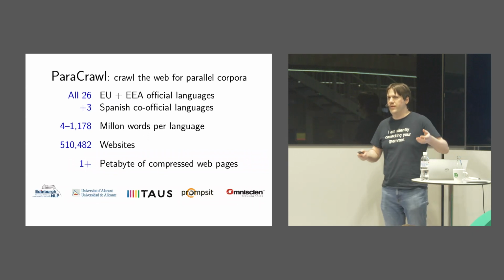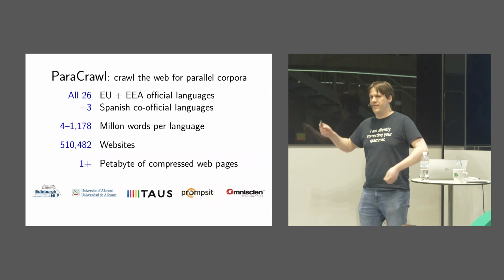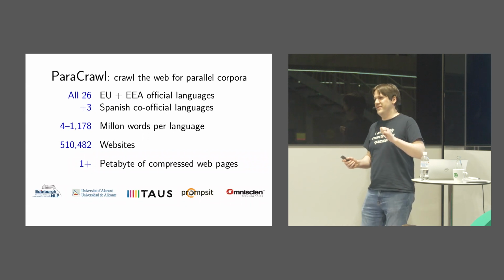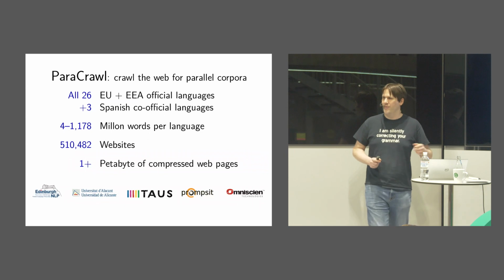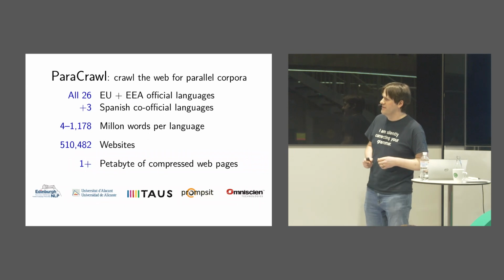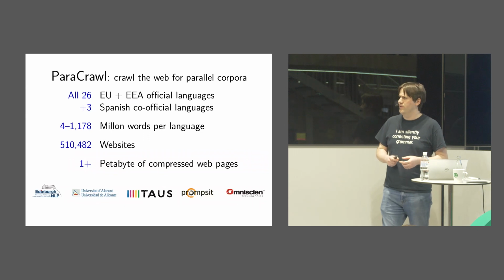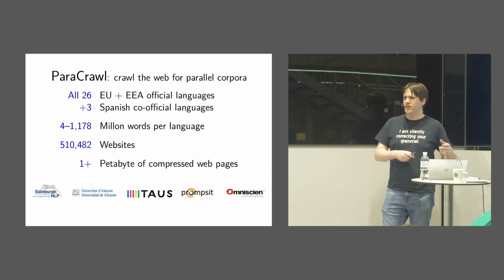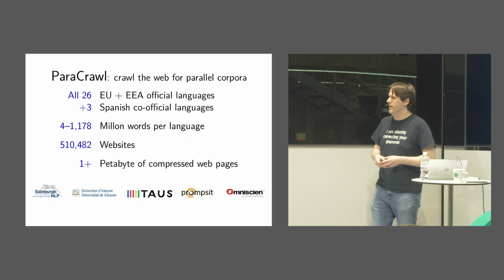These are formally what's part of the Connecting Europe Facility, which is slightly different from Horizon 2020 with the subtle distinction that Ukraine is not part of the Connecting Europe Facility, so that's why we're not funded to do Ukrainian, for instance. We're also doing Spanish co-official languages. These are the ones that you're allowed to address officialdom in those languages in Spain, and they have to deal with you in court cases and such.